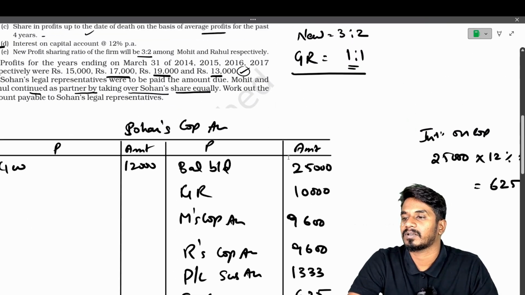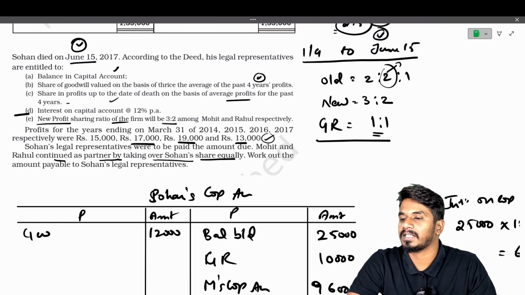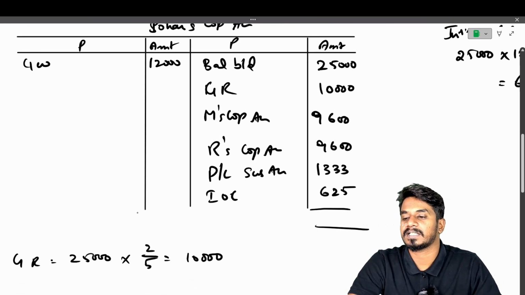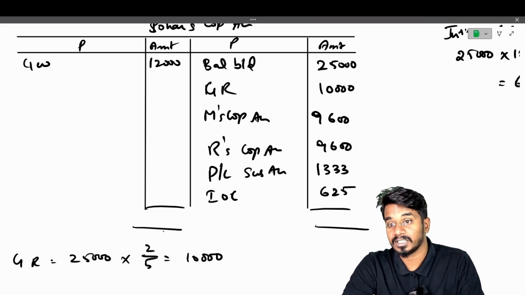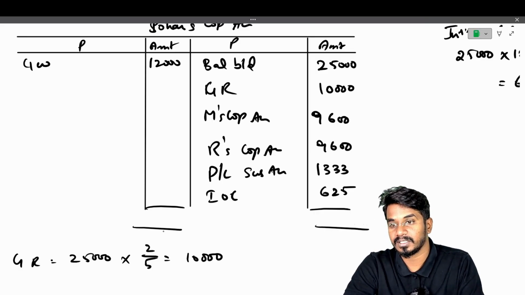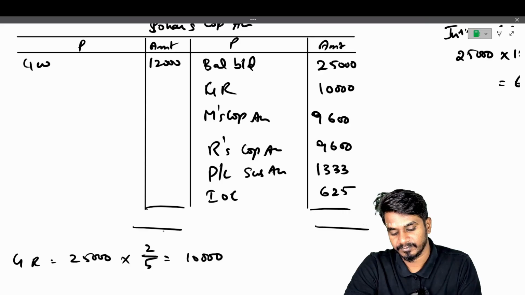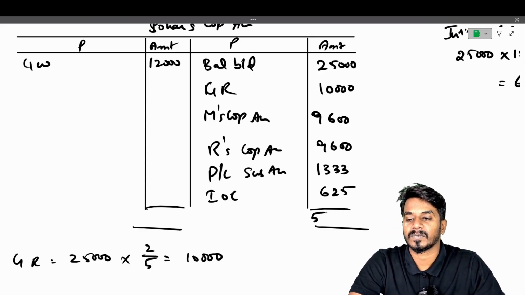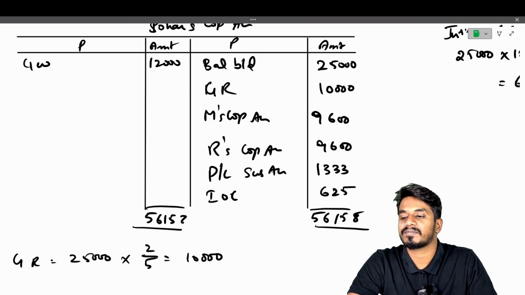Now, what is the last adjustment? New profit sharing ratio. They have given nothing else apart from this. We can total the partners' capital account. Let us see how much it comes to. 25,000 plus 10,000 plus 9,600, 9,600, 1,333, 625 is 56,158.